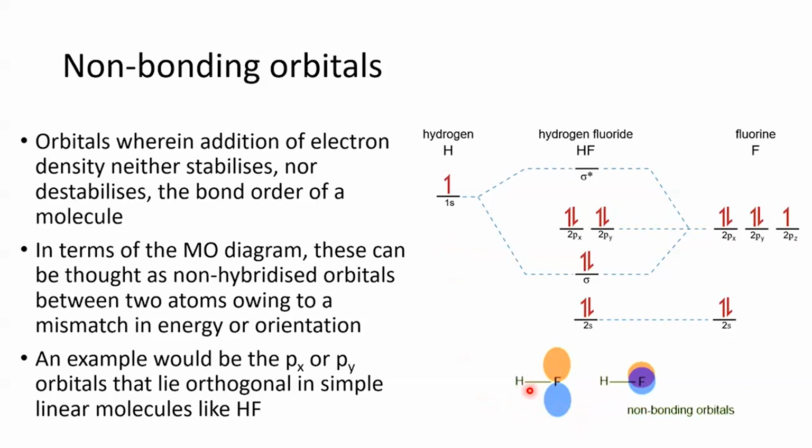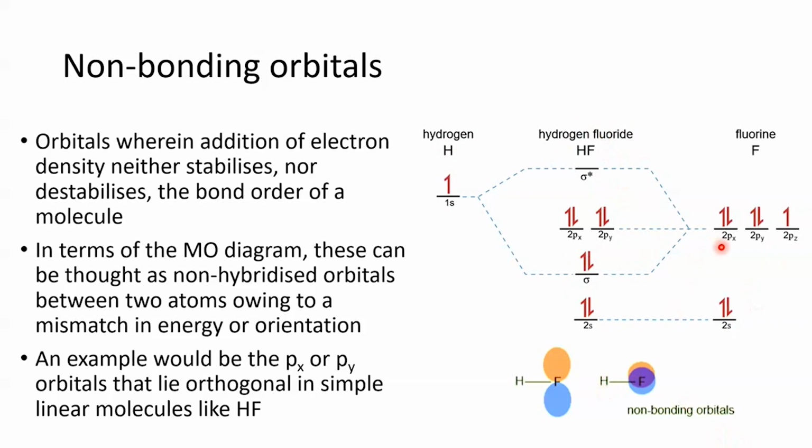So if we imagine that this is the z-axis here, when our hydrogen is approaching our fluorine nucleus, only the pz orbital is correctly aligned to intercept the approaching hydrogen s orbital. So what happens is we form our hydrogen fluoride, a bond forms between our 1s orbital and our 2pz orbital. So we get our bonding orbital, we get our anti-bonding orbitals.